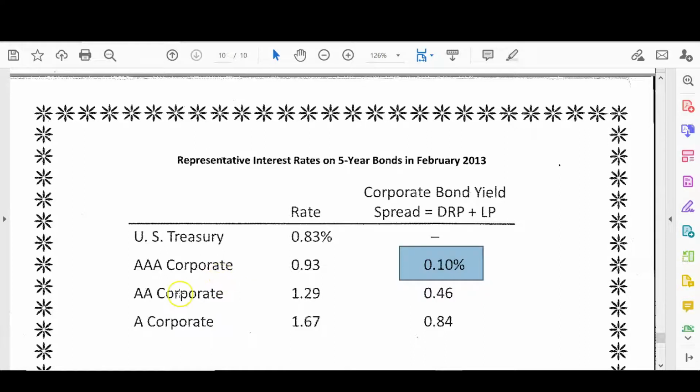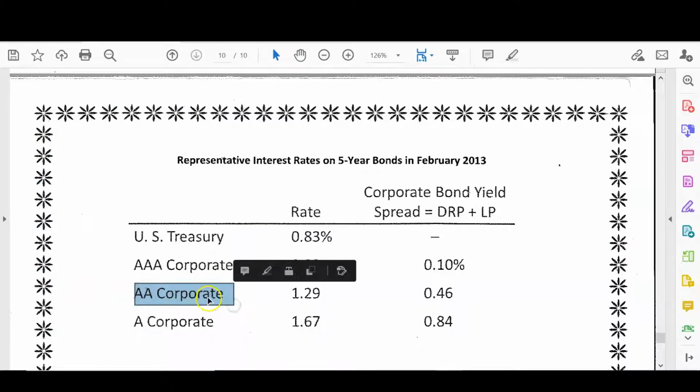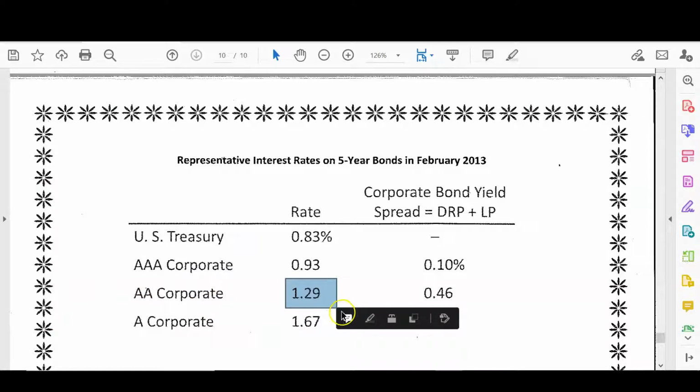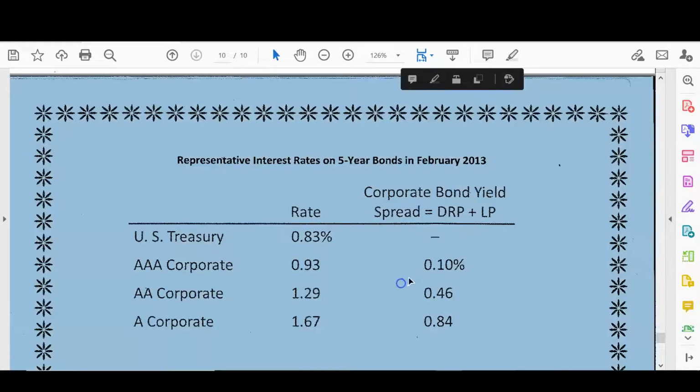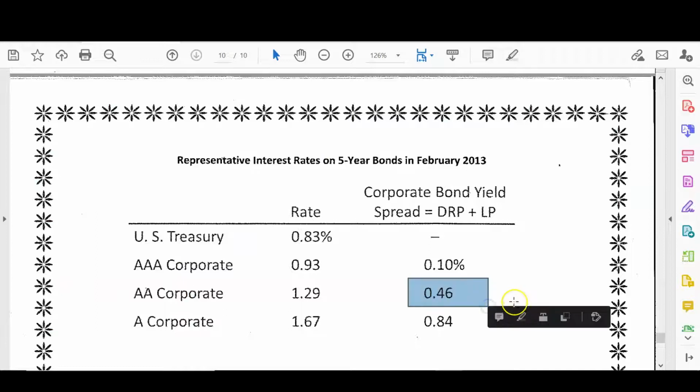When the bond rating goes down, from AAA to AA, this firm is riskier than AAA. It has higher risk, so the rate of return is also higher because the DRP plus LP, the corporate bond yield spread, is higher.